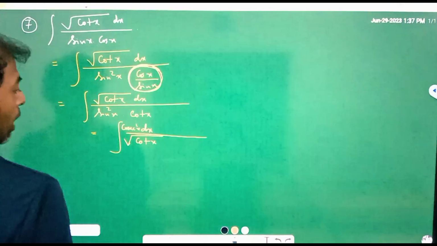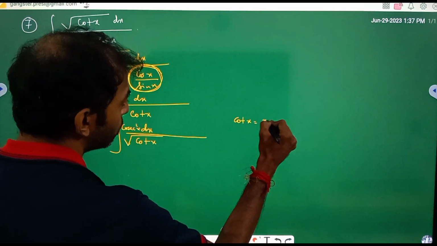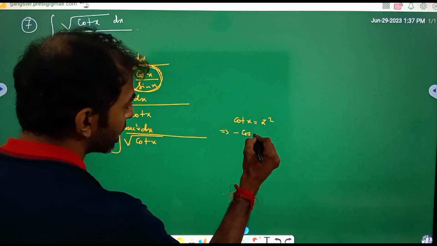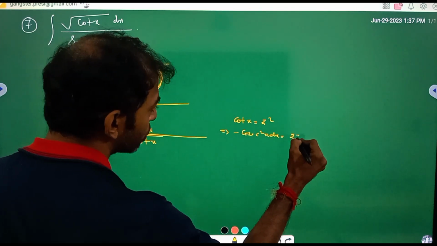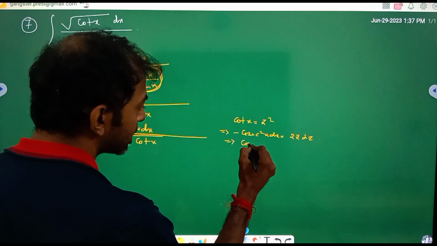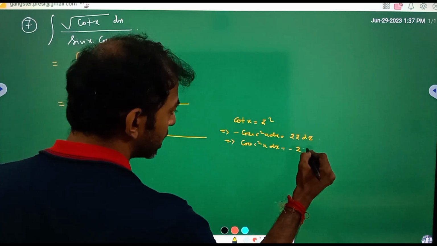Now I'm going to substitute cot x equals z square. Differentiation of cot x is minus cosec square x dx, and that's equal to 2z dz. Hence cosec square x dx will be minus 2z dz.